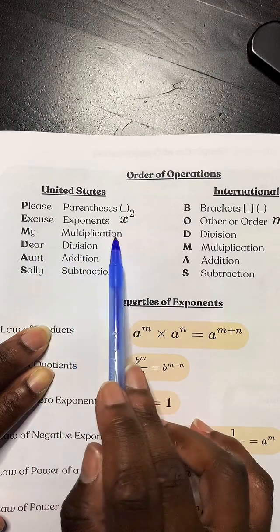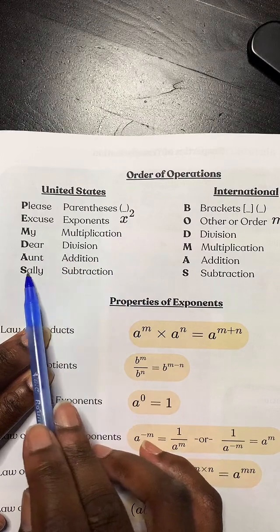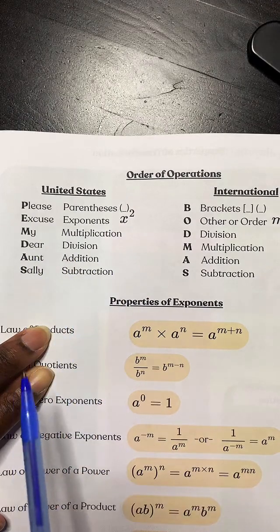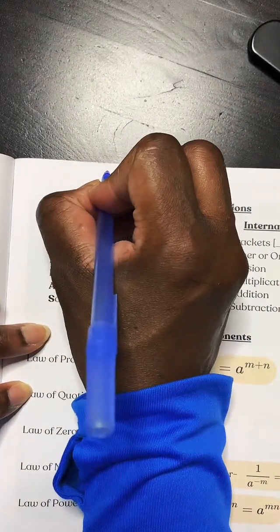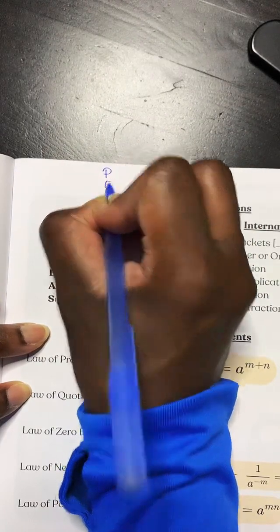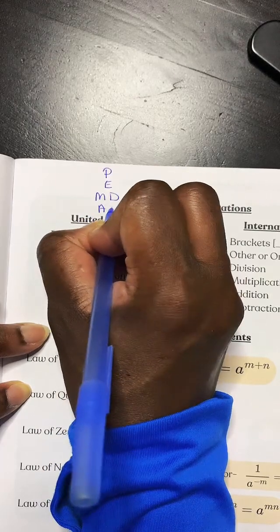The my is multiplication, dear is division, aunt addition, Sally subtraction. Now, since this is my book, I can write it like this. I like to write it like this. Please excuse my dear Aunt Sally.